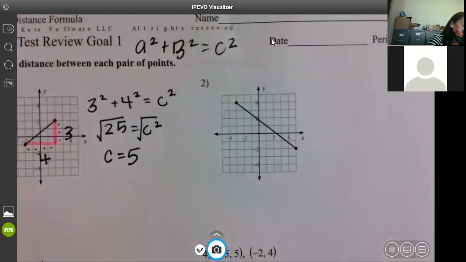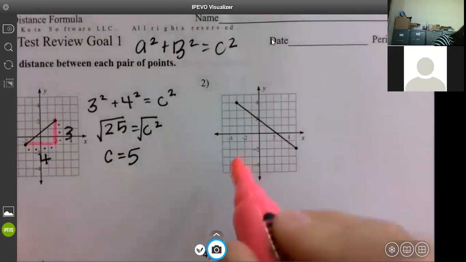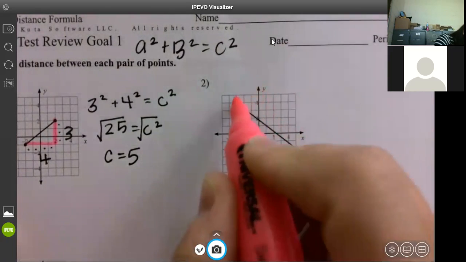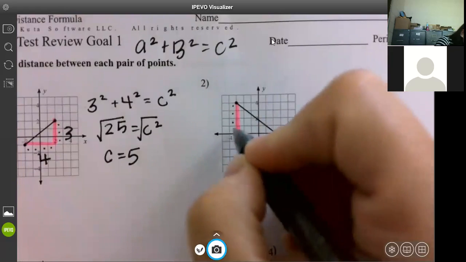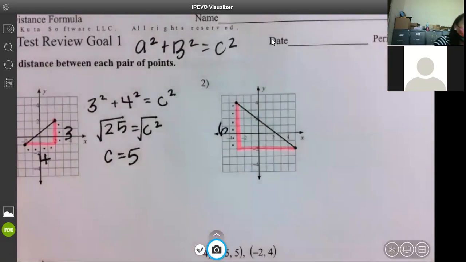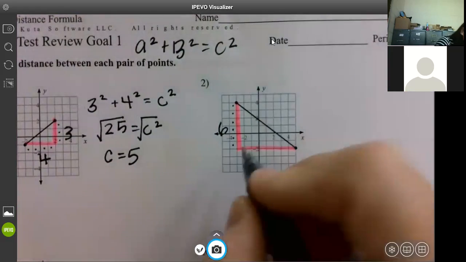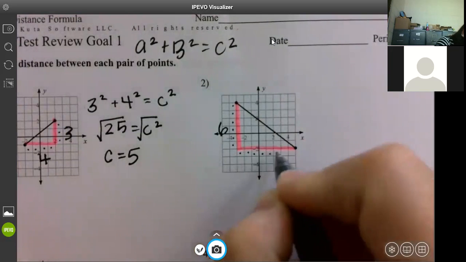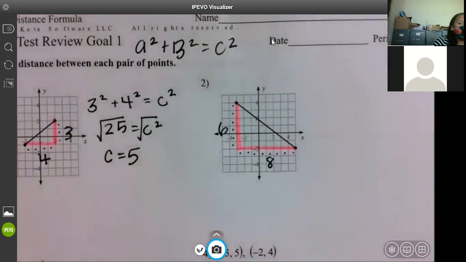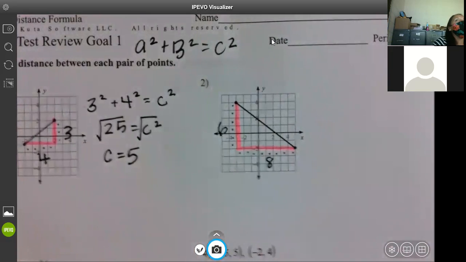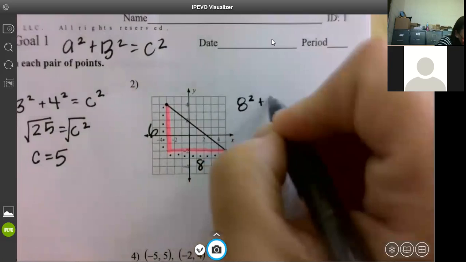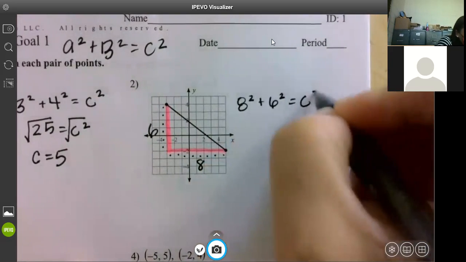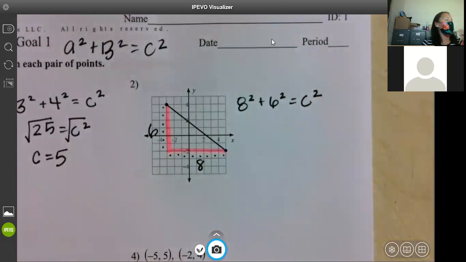Check out number 2. Gonna make my triangle. It doesn't matter if you make it on the top or the bottom. Count your boxes. I got 6 boxes on that side, 8 boxes on this side. Put it in your Pythagorean theorem. Doesn't matter which one goes first.